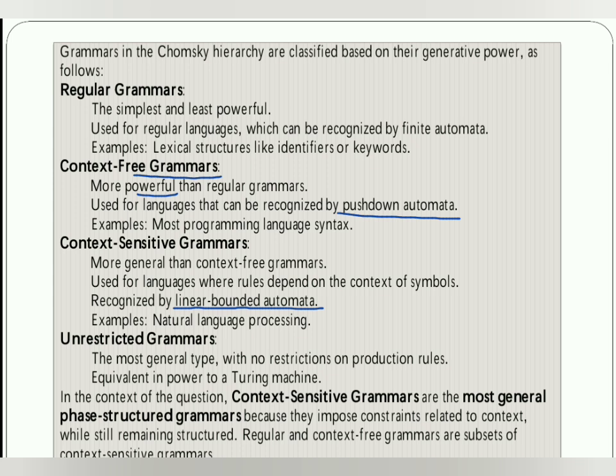Okay, so the grammar is represented by linear bounded automata. Next, unrestricted grammar. There are no restrictions here for the production rules, and it is equivalent to the Turing machine. So context sensitive grammars are the most general phrase structured grammars because they impose constraints related to context while still remaining structured. Regular and context free grammars, both of these are a subset of the context sensitive language.